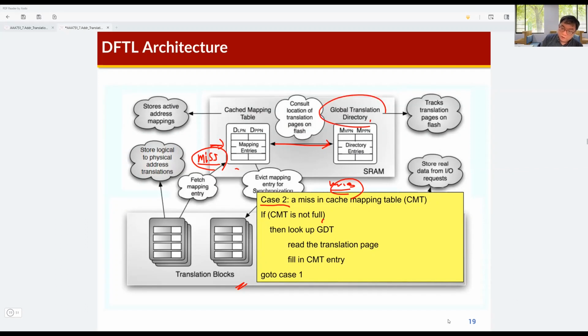So we just access the global translation directory, and then we figure out the physical location of the translation block, and then we can find the mapping information from these translation blocks. And then this information is updated to the cached mapping table. That's it. There is a miss case, but the cache is not full.